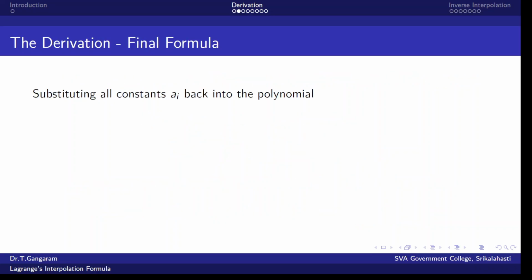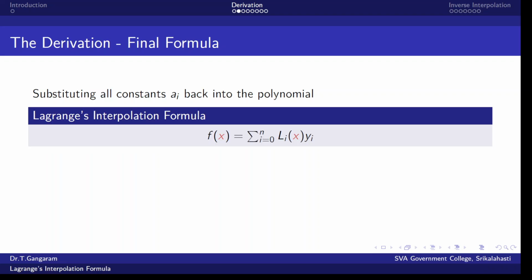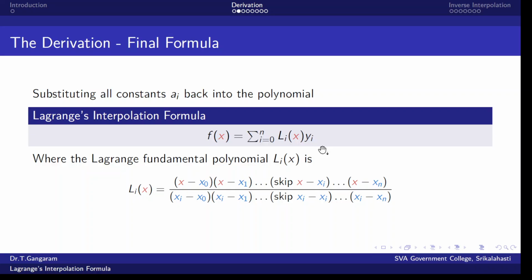Substituting all the coefficients ai back into the polynomial, Lagrange's interpolation formula can be given by f of x is equal to the summation i is equal to 0 to n of li of x into yi, where li is the Lagrange fundamental polynomial, given by li of x is equal to (x minus x0)(x minus x1) and so on.